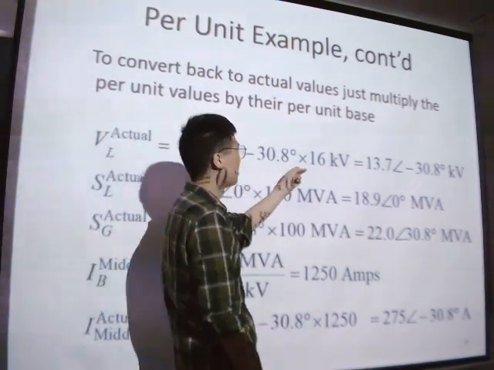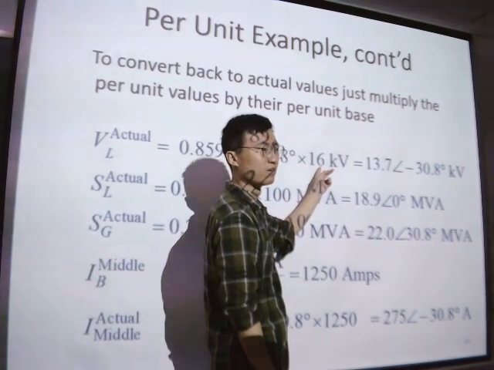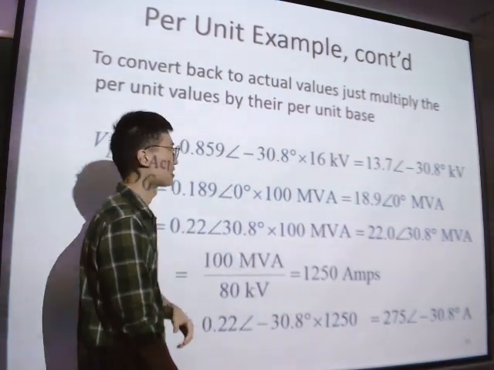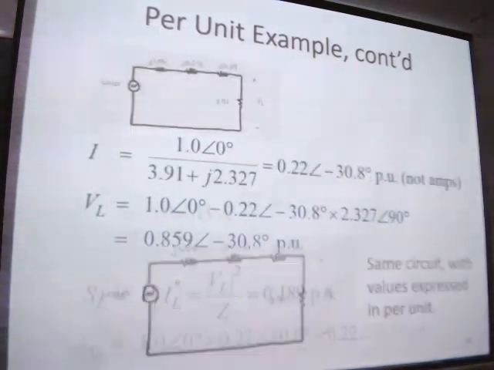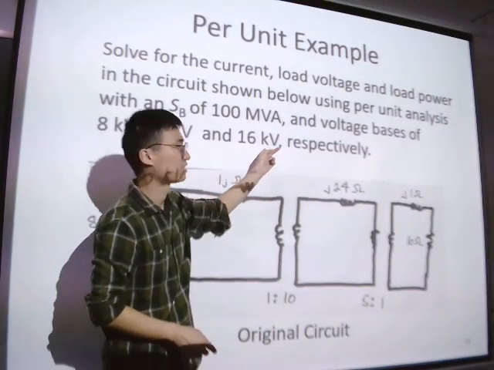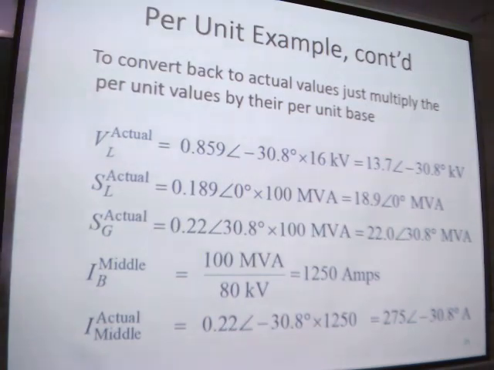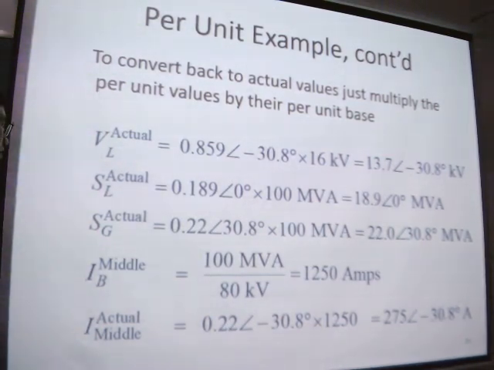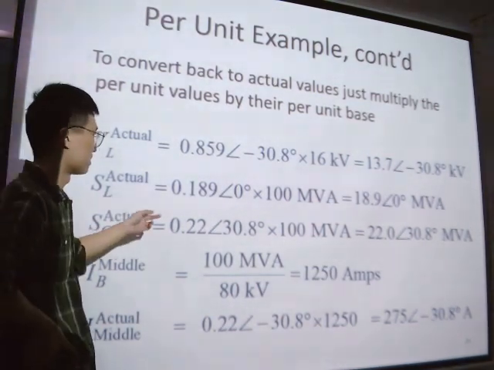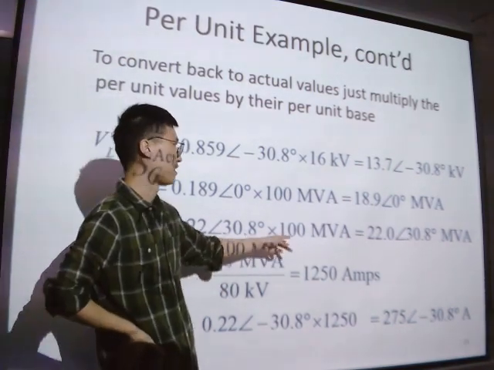Per unit value multiplied with this power base, because it is 15 kilowatt in the third side. So the system power base is 100, and the generator base is also 100.